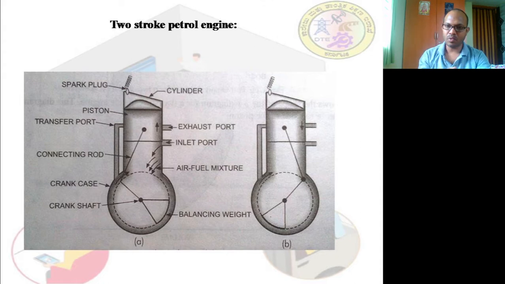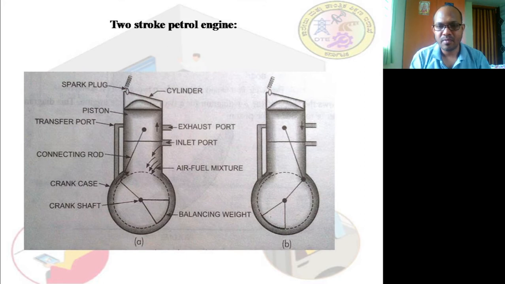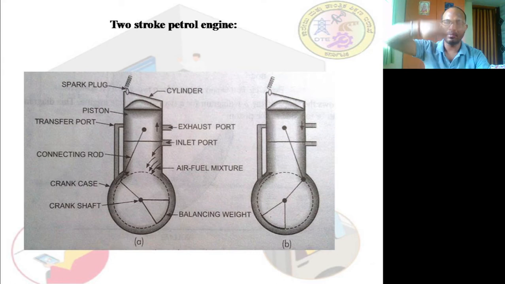If it takes four strokes, from TDC to BDC one stroke, from BDC to TDC second stroke, from TDC to BDC third stroke, and from BDC to TDC four strokes, if it takes four strokes in order to generate the power, then we call it a four-stroke engine. Two strokes means from TDC to BDC, from BDC to TDC.